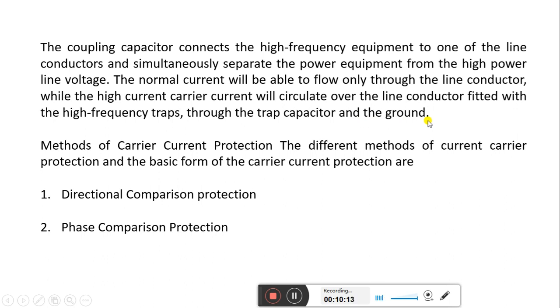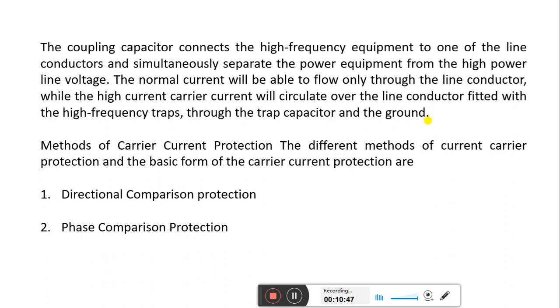So it is clear that there are two main components in the carrier current protection scheme, that is the coupling capacitor and the line traps. The coupling capacitor always offers low impedance to the high frequency signals, so that these signals can be easily connected to the lines, and the line traps are provided in series with the line at both the ends.